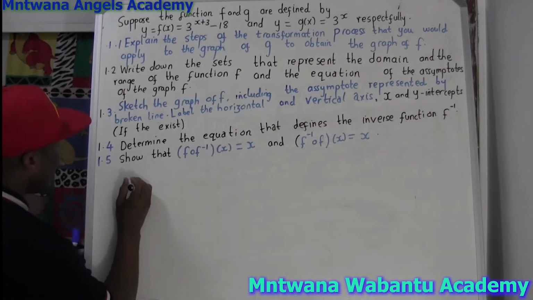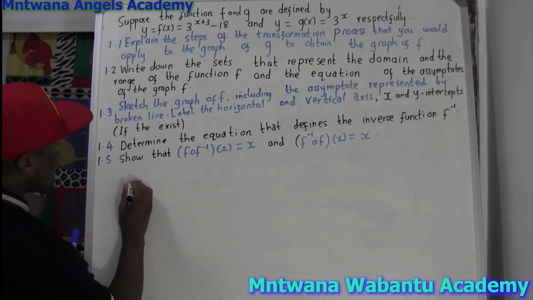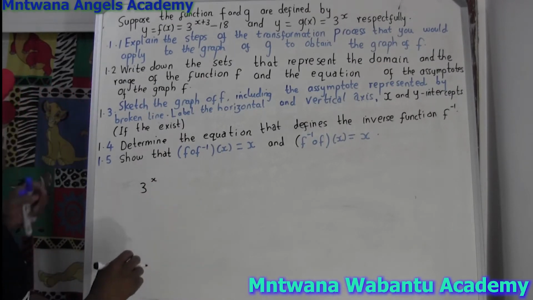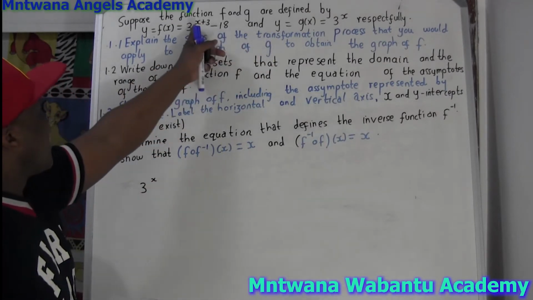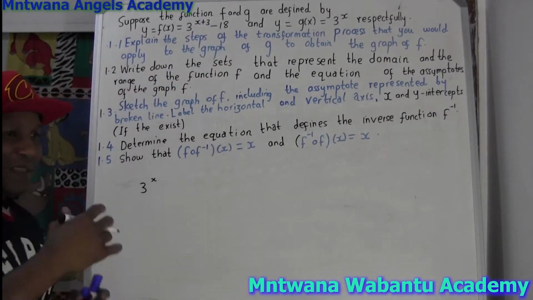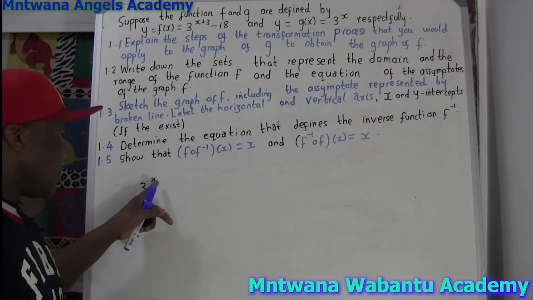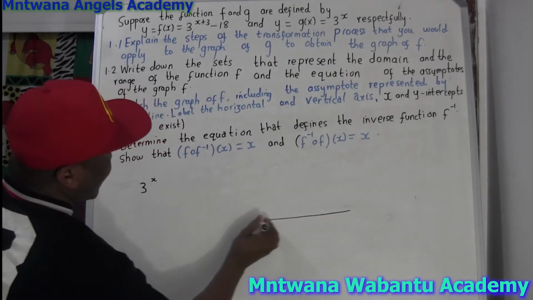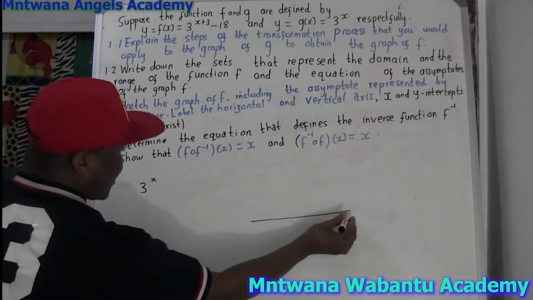Okay, g of x, so this is g of x. So this is 3x, this is g of x. Now look, it's the same thing but plus 3. So mathematically, when you plus 3 in the position of x, remember, x is horizontal.